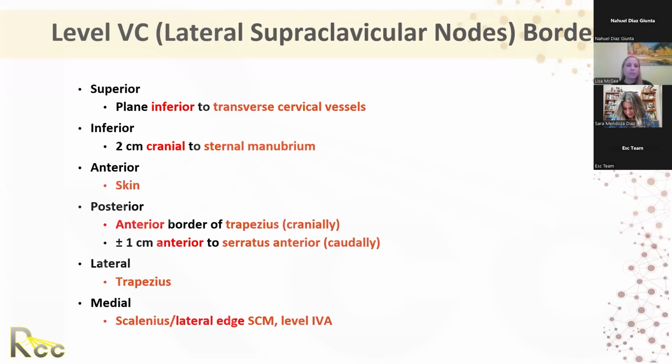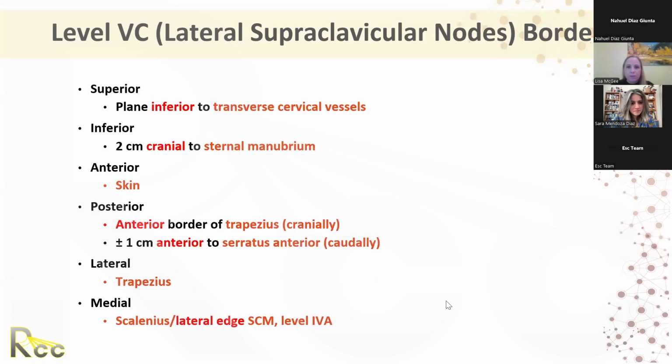Anteriorly, the border is the skin. Posteriorly, the border is the anterior border of the trapezius cranially, and then about 1 centimeter anterior to the serratus muscle caudally. Laterally, this is contoured to the trapezius, and then medially to the scalenus and lateral edge of the sternocleidomastoid.